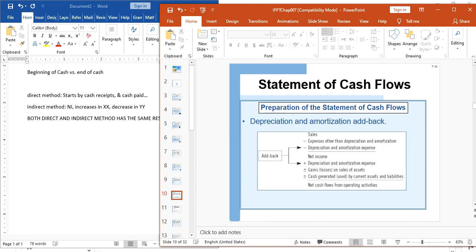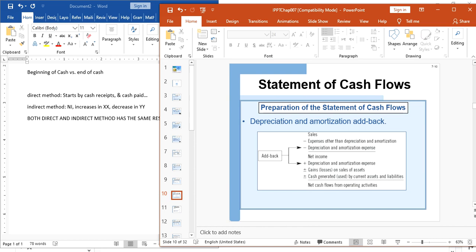Depreciation and amortization expenses are non-cash expenses. That's why we add them back, as they were deducted as a negative.